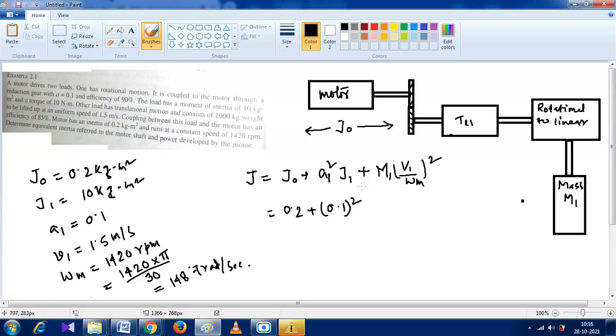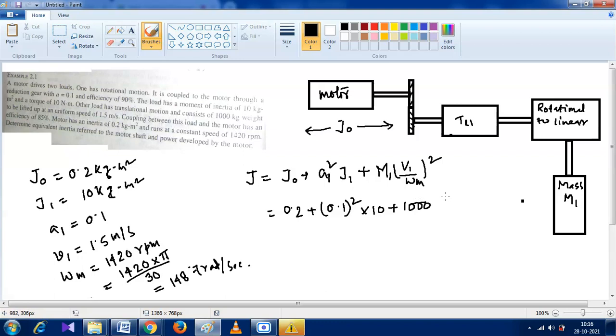Then what is the value of J1? 10 kg meter square, into 10. Then what is the value of M1? How much mass is there? 1000 kg.